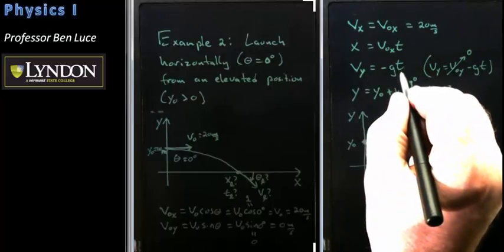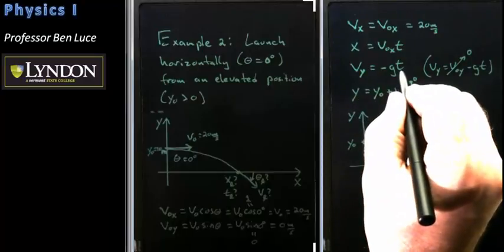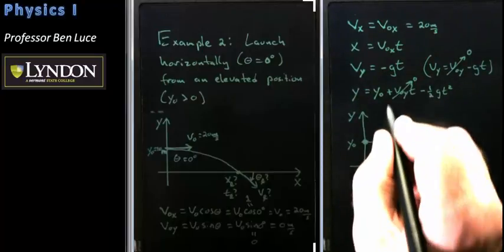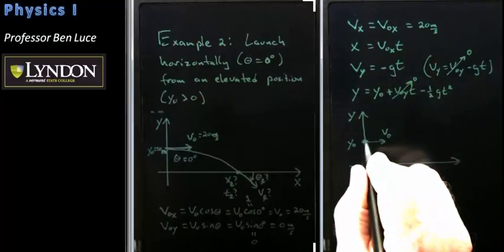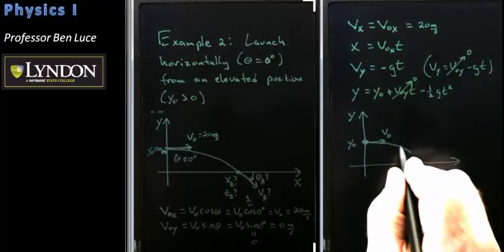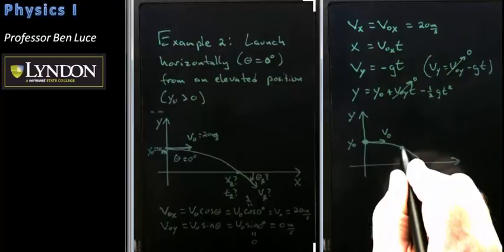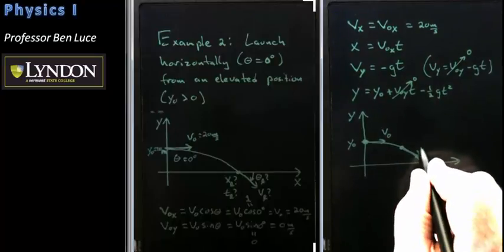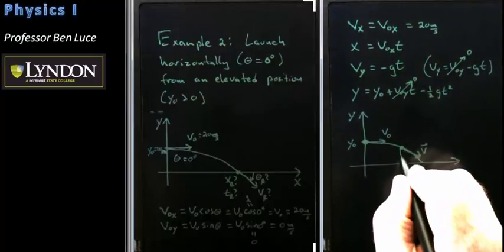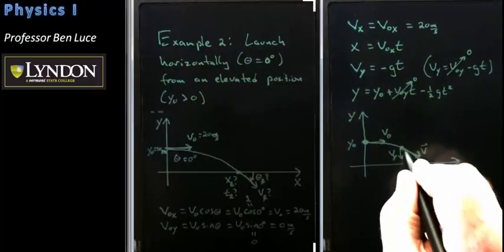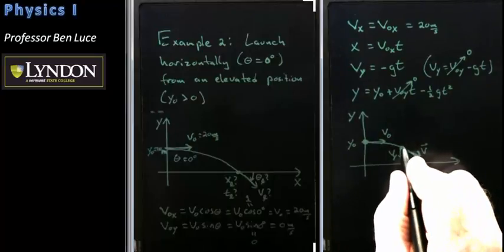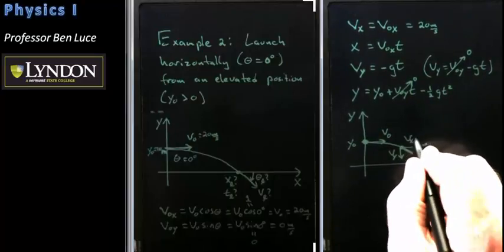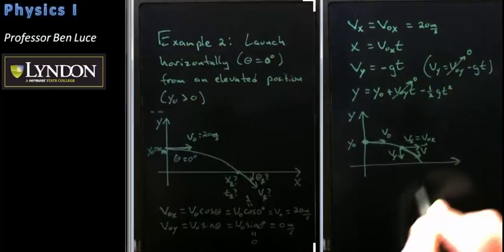And indeed, if we put in t equals 0, we see vy is 0. But as time increases, the y component of the velocity is going to start to develop a negative component. And if we look at, say, a moment like right here, the instantaneous velocity will look something like this. We'll see we've developed a piece vy pointing down, and the vx piece will remain locked at v0x.